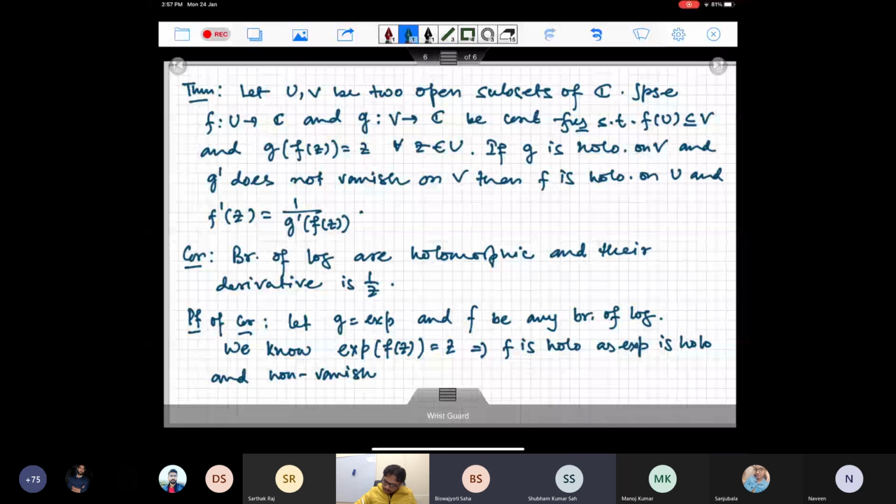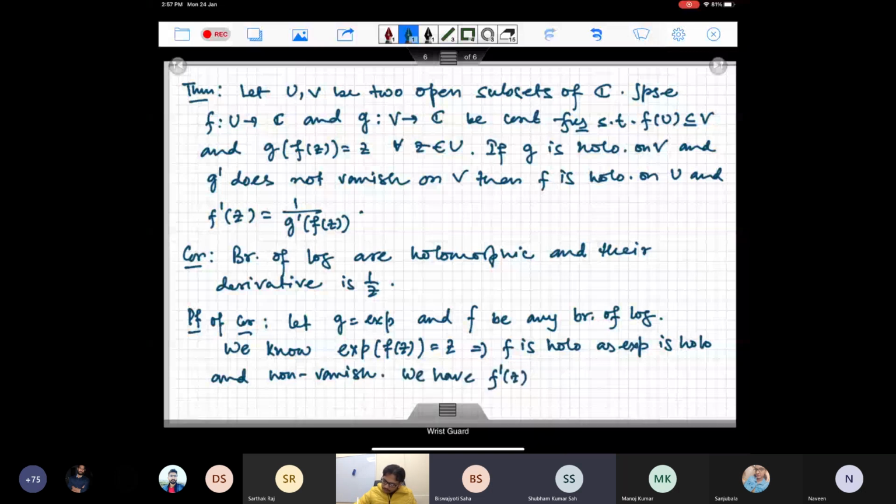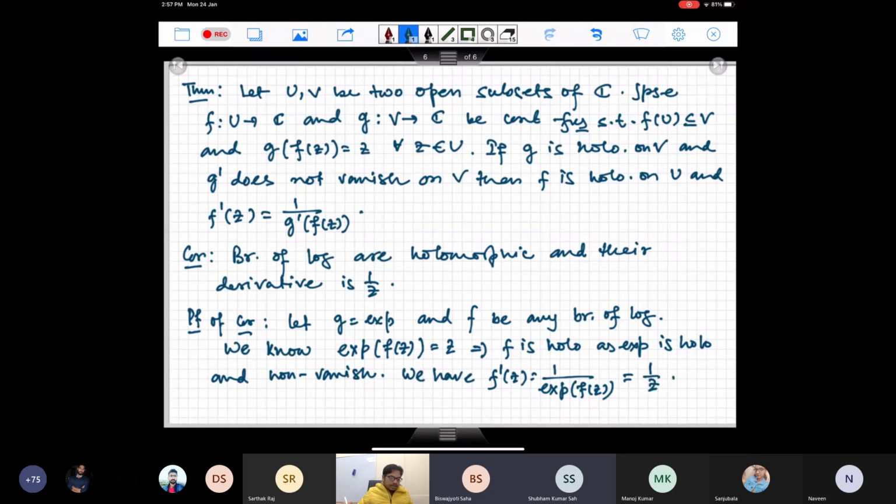And what is the derivative? f'(z) is 1 upon exponential of f(z), since the derivative of the exponential is the exponential. Now the exponential of f(z) is just z, so therefore 1 upon z. Fine. Are we done with the proof of the corollary? Yes. Do you agree to the proof?